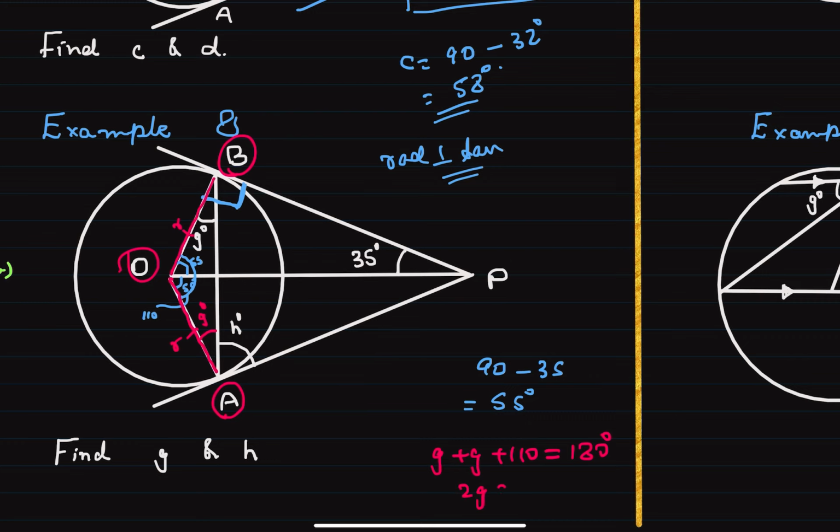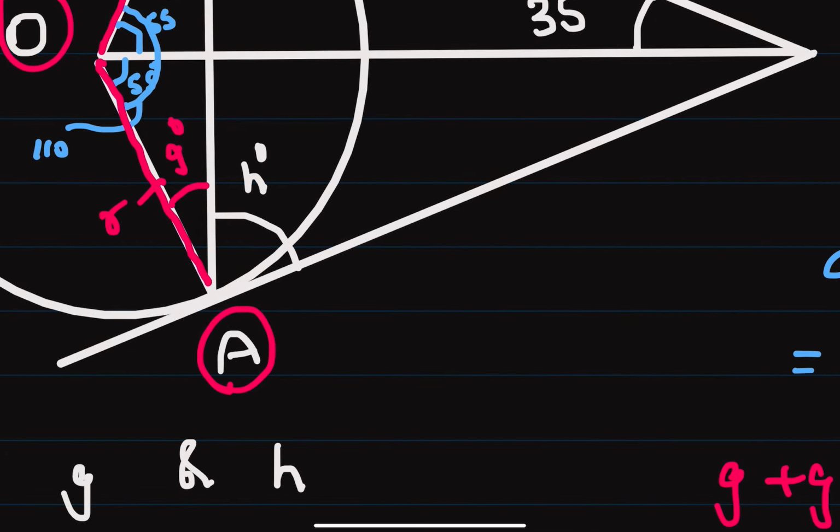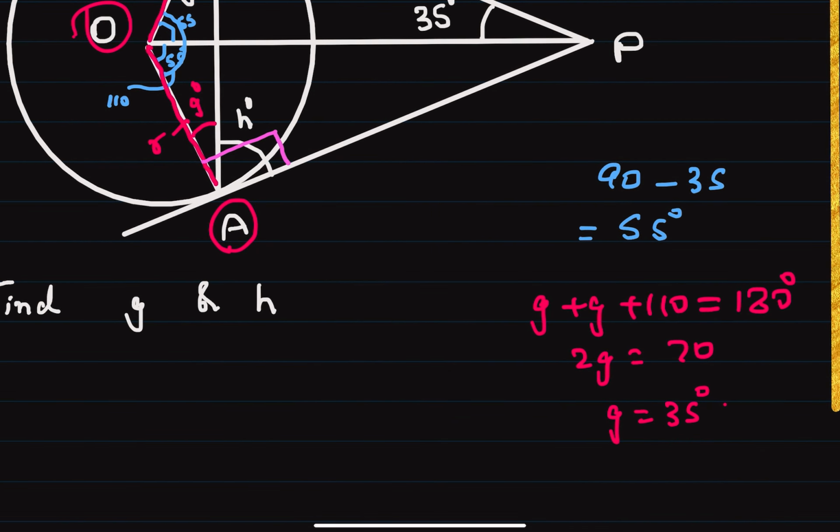That means 2G is equal to 70. 180 minus 110 is 70, and G should equal 35 degrees. Now look at H. H is easy to find out. You know that radius is always perpendicular to the tangent. So if this G is 35, then this H should be 90 minus 35, which is 55.